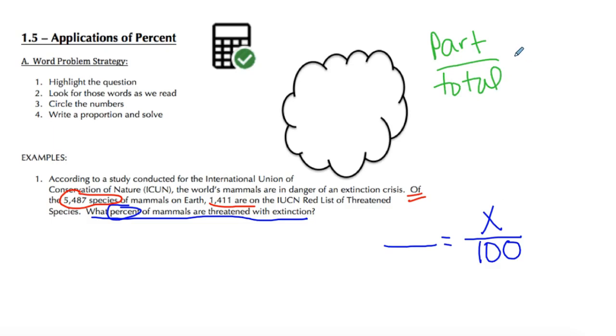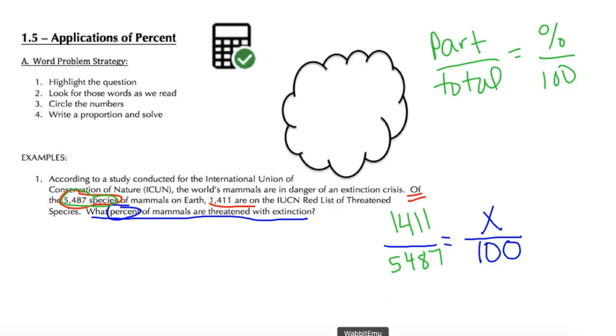Total in Spanish and English is a little bit closer, and then percent over 100. So the total number of species, this is the total. And then my of, okay, that's my of, and the part that is endangered is 1,411.